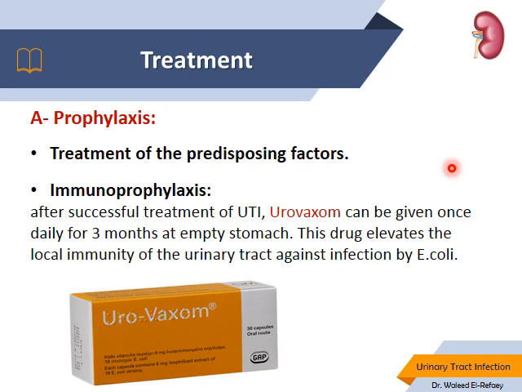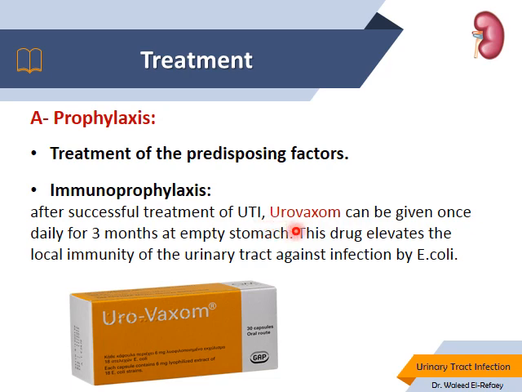Regarding the treatment of acute pyelonephritis, we have two steps of treatment: prophylaxis and specific treatment. The prophylaxis is needed mainly in cases of recurrent infections and when there are non-treatable predisposing factors in the patient, like patients receiving immunosuppression, diabetic patients, and old age patients with recurrent urinary tract infection. So we need this prophylaxis treatment to avoid the recurrence of urinary tract infection and acute pyelonephritis.